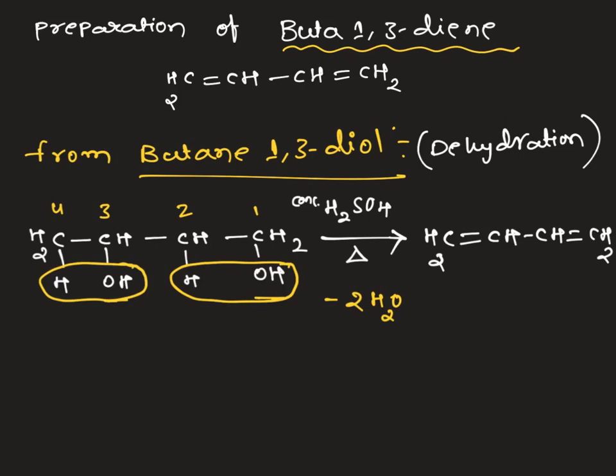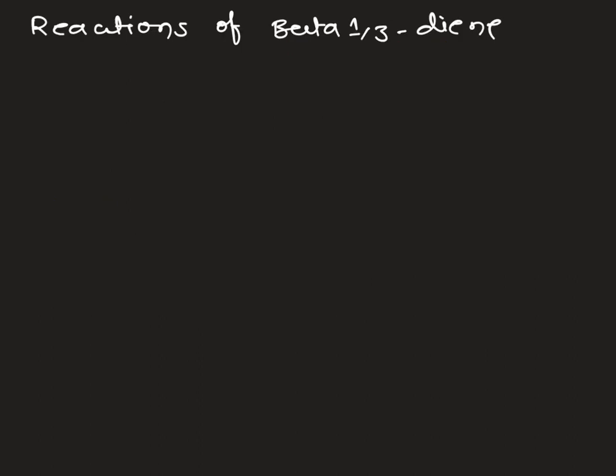Next we will focus on the reactions of buta-1,3-diene. We know that alkenes undergo addition reactions. Here we have 2 double bonds, that's why we call it a diene. Depending on the number of equivalents we are using, it may involve only one double bond or it may involve two.